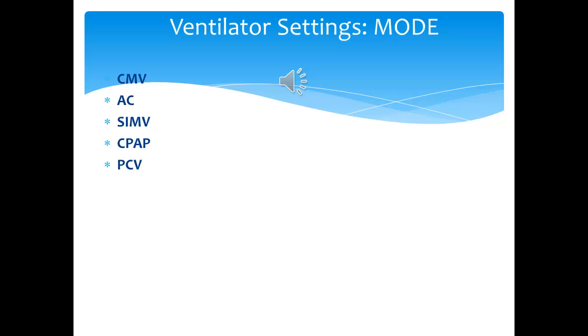Modes of ventilation: CMV, controlled mechanical ventilation; AC, assist control ventilation; SIMV, synchronous intermittent mechanical ventilation; CPAP, continuous positive airway pressure, now known as the spontaneous mode of ventilation; PCV, pressure controlled ventilation. The discussion of these modes of ventilation will continue in depth as this lecture progresses.